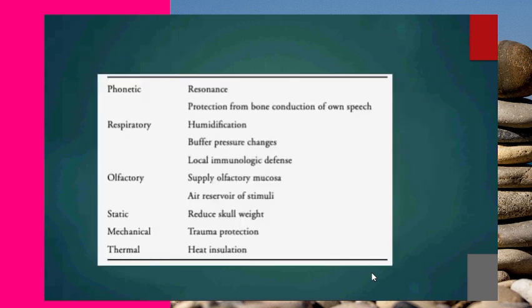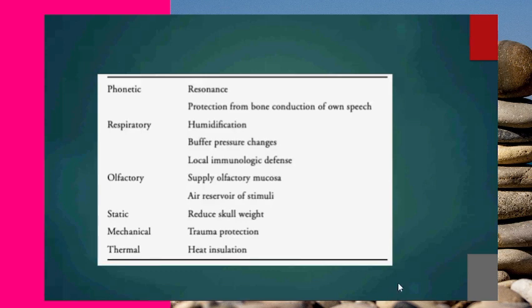So as a whole, what are the functions of the nose, the nasal cavity and the sinuses? It is elaborated here. Phonetic: it creates resonance and protects speech.